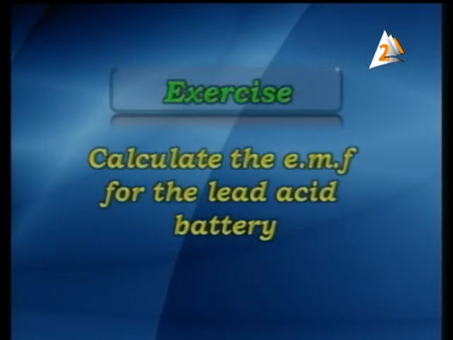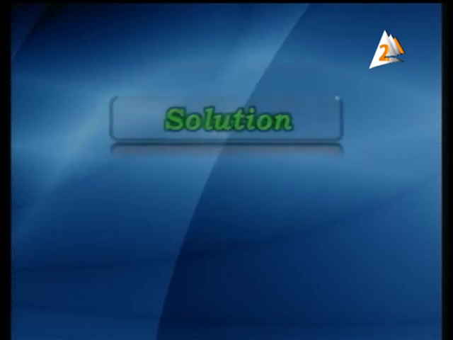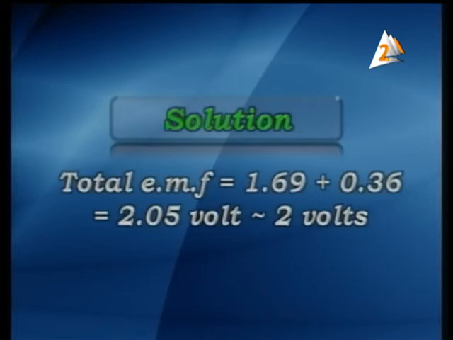My dear, look at this exercise. Calculate the EMF for the lead acid battery. What does the lead acid battery produce? How many volts does it produce? As you see, the total EMF for both halves, for the anode 0.36 and the cathode 1.69, totals 2.05 volts.